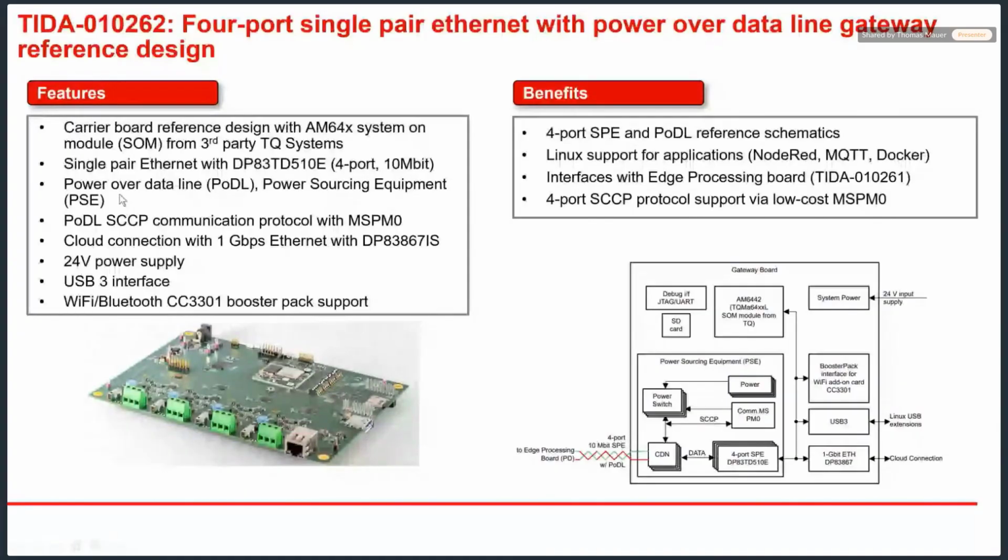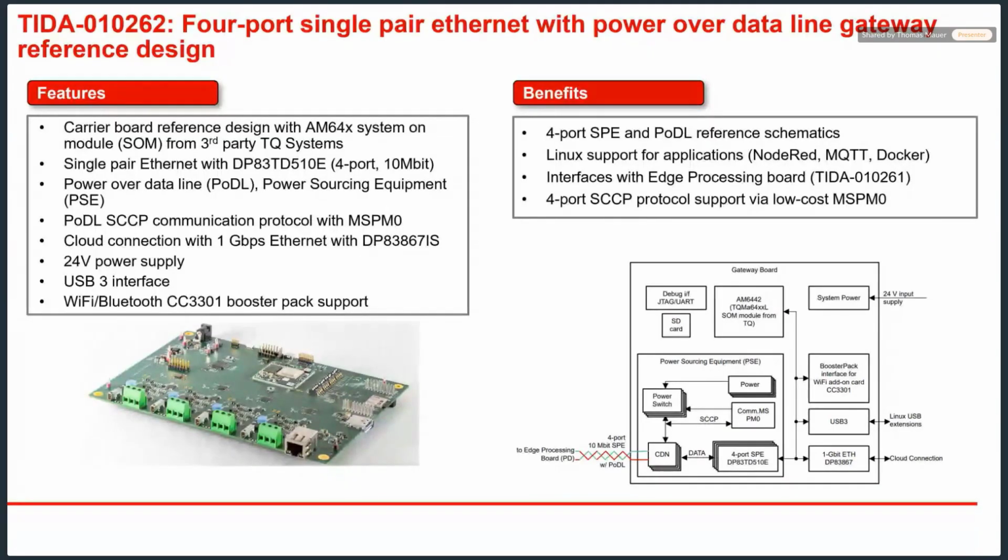This system now supports a power sourcing equipment, the PSE, which means it will inject power and make it available to the sensor board. We also have implemented the SCCP communication. Here we are using an MSPM0 to handle all the 4 channels.